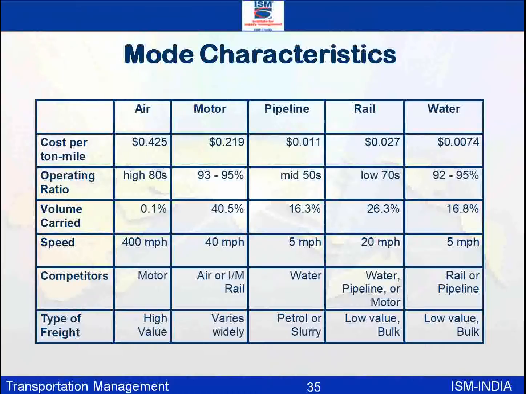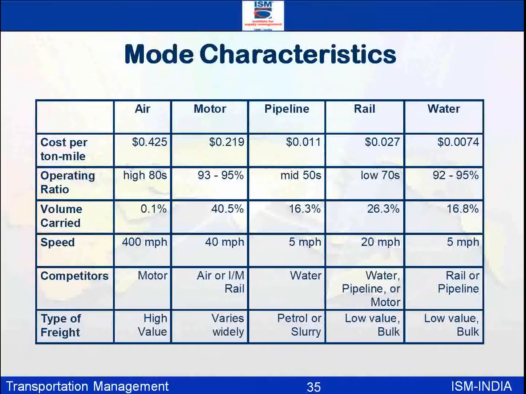Now here it gives you very thumb rule figures around the mode characteristics. If I go by air, motor vehicles, pipeline, rail, water, it gives you broad ideas of the thumb rule cost per ton mile.